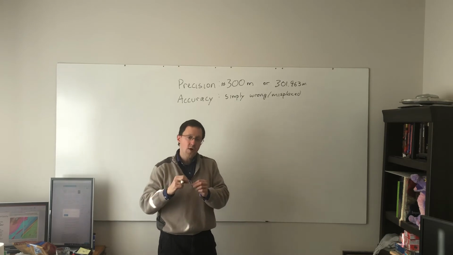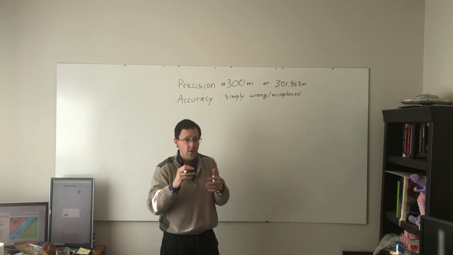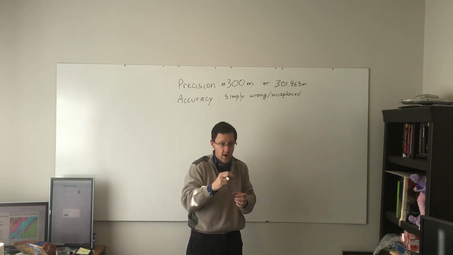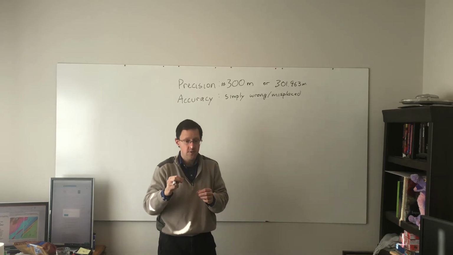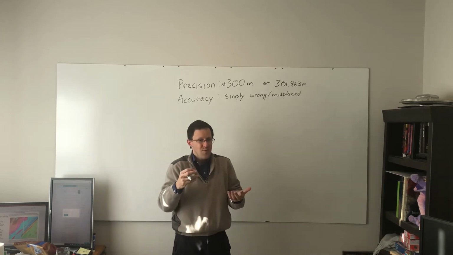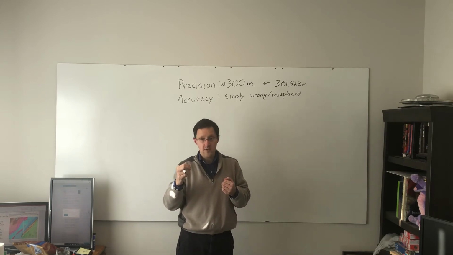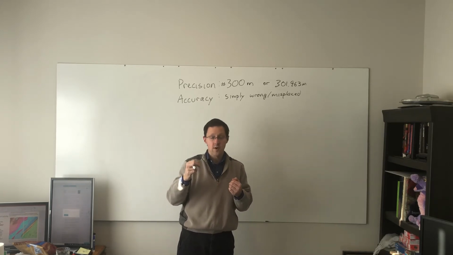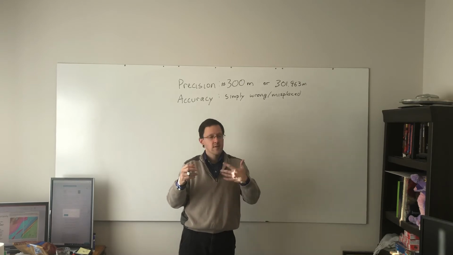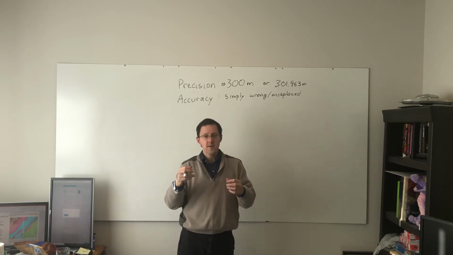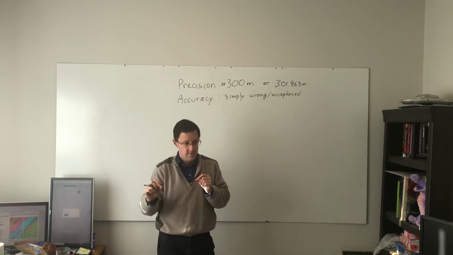It's giving you a very precise measurement with a lot of significant digits in terms of where on the Earth's surface you can be found. The only problem is if it's not accurate and it decides for some reason to put you in Pittsburgh instead of Morgantown. That would be a measurement that is not accurate.